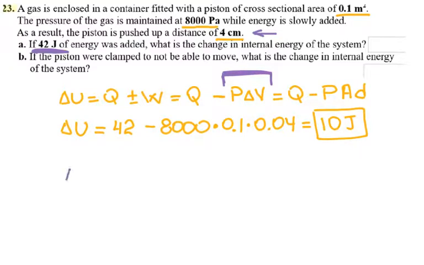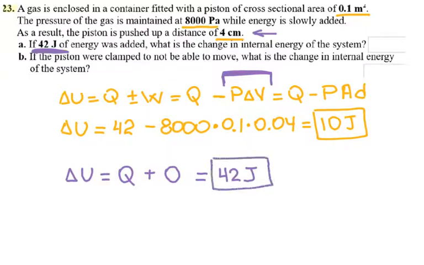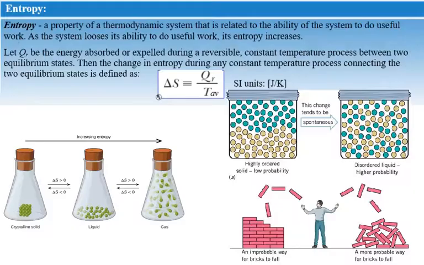So the internal energy of the system is only equal to the heat added because the work is becoming equal to 0. So that would be 42 joules of energy. So there would be an increase of pressure in the container, but without moving the piston up or down, the volume doesn't change, so the work is not done and the energy is not lost to the surroundings.